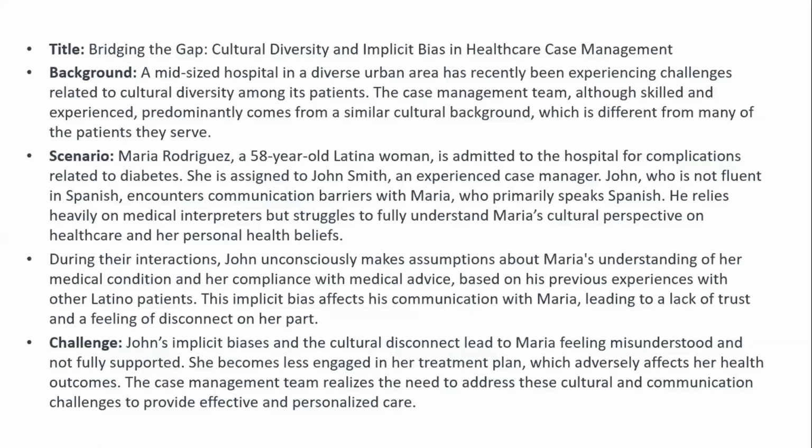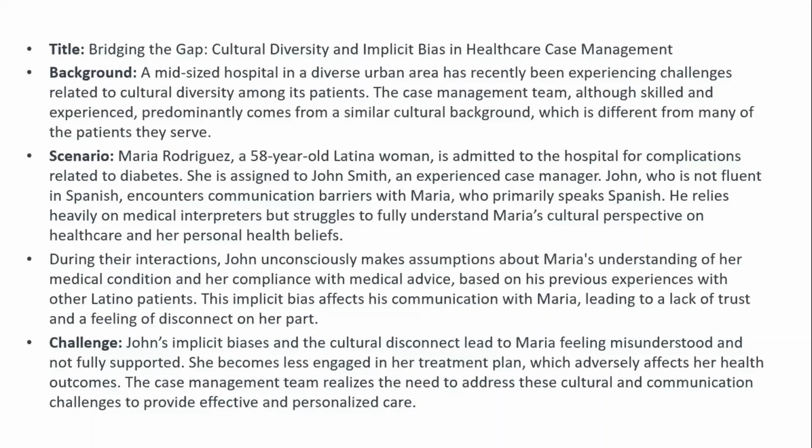During their interaction, John unconsciously makes assumptions about Maria's understanding of her medical condition and her compliance with medical advice based on his previous experience with other Latino patients. This implicit bias affects his communication with Maria, leading to a lack of trust and feeling disconnected on her part.